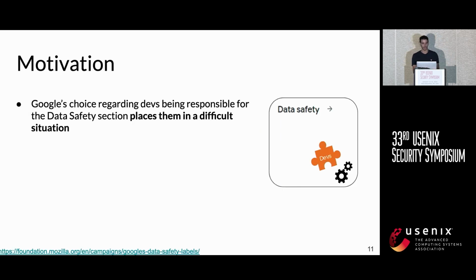The same confusion exists for developers as well, since Google's choice to make them responsible for the data safety section places them in a difficult situation because of their lack of knowledge in data privacy, and mandates that they be honest about what they disclose in the data safety section.